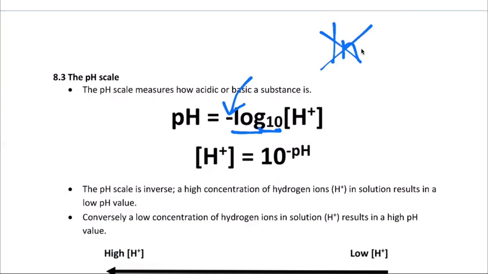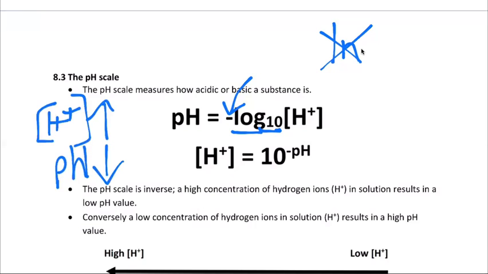Okay, so it's the negative logarithm of the hydrogen ion concentration. And so because of this, the pH scale is actually an inverse scale, because the higher your hydrogen ion concentration is, the lower your pH will be. That's what it means that the scale is inverse.